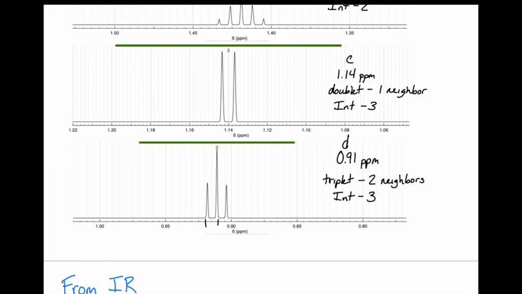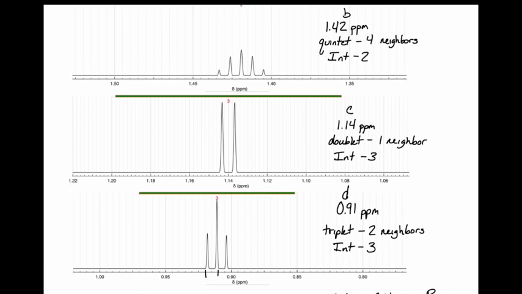So all of a sudden I know that I have an ethyl group in this molecule, a CH3 bound to a CH2, bound to who the heck knows what else. But I very clearly have this methyl carbon that's next to only 2 other hydrogens. So that's the first thing that jumps out to me.